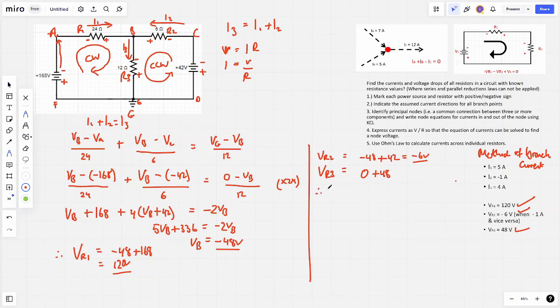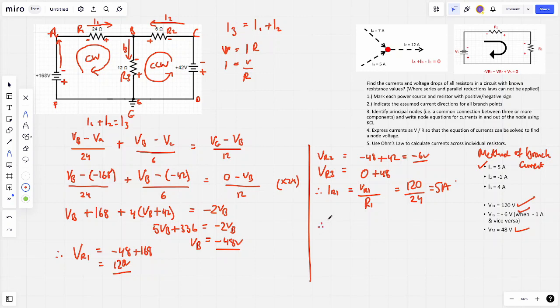Therefore, what we can say is the current across resistor 1 is just going to be the voltage across resistor 1 all over the total resistance of R1. So VR1 is 120 divided by the resistance, 24, that equals 5 amps. Exactly what we saw in the method of branch currents, so that's a tick.